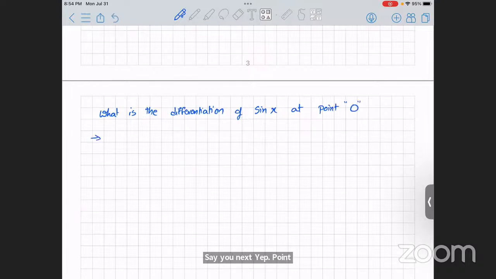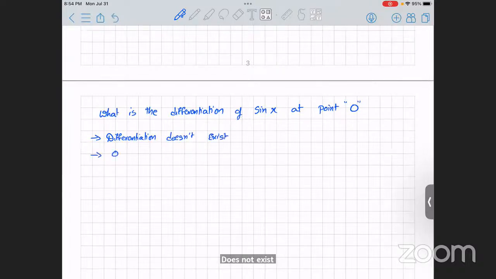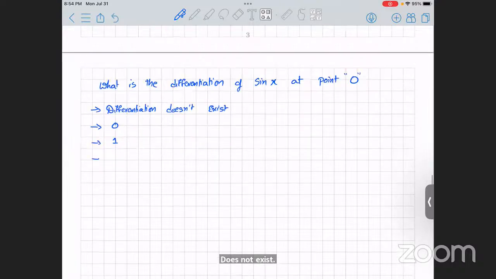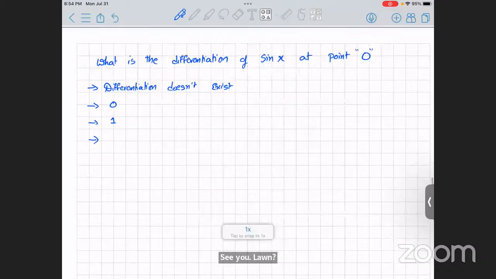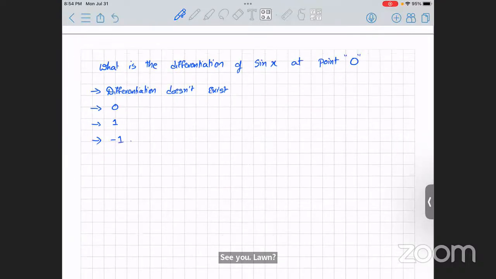Options are: 1, differentiation does not exist, 0, 1, and minus 1.